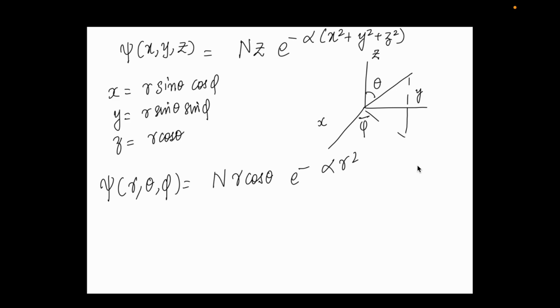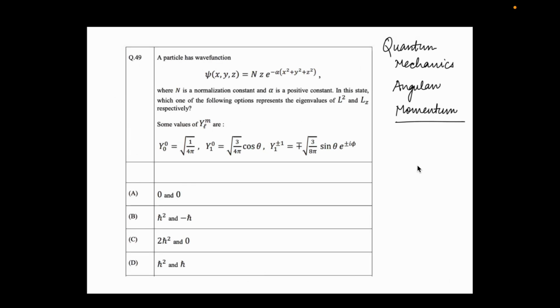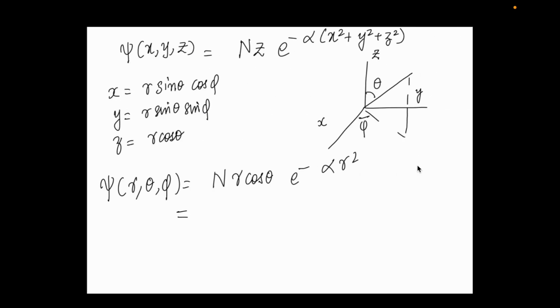Now you are given information in the question, which is the spherical harmonics. You can see one of the harmonics, which is cos theta, so you can write your wave function in terms of that harmonic. It is given that Y10, where l is 1 and m is 0, is square root of 3 by 4 pi cos theta.